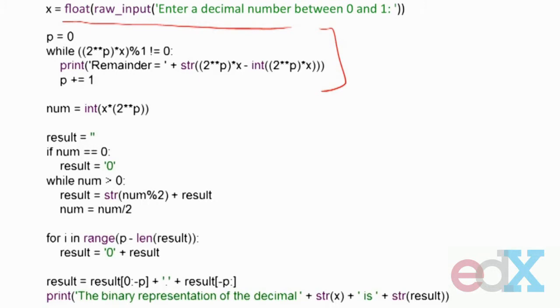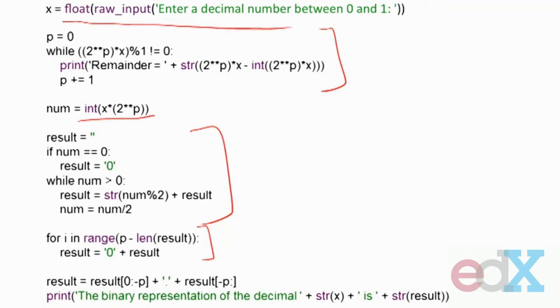All right. Once I can do that, then I'll take x and I'll multiply it by 2 to the p. I've converted it now into a whole number. And there, I just did what I did before. Simply run through that test to see how do I convert it back into a binary form. And once I'm done, then the last piece is I need to make sure I put enough zeros out in front by looking at how many values are there between the size of p and the length of the result.